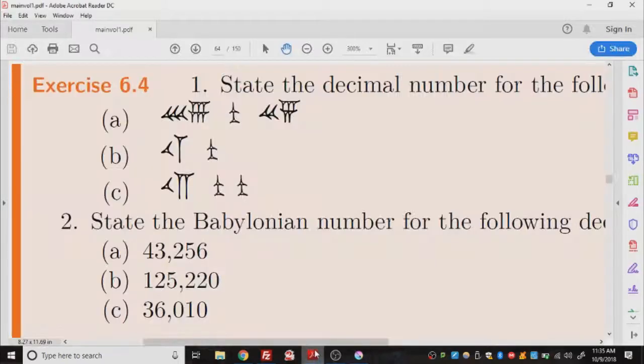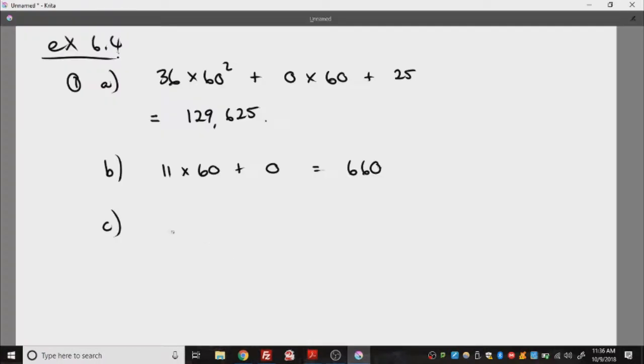Then 3-place number, 12 groups of 60 squared, 0 groups of 60, 0 left over, 12 times 60 squared. That would be the easiest version of these questions.